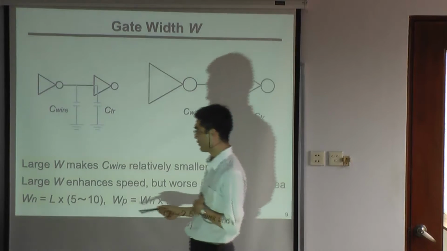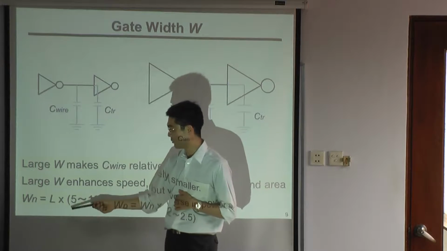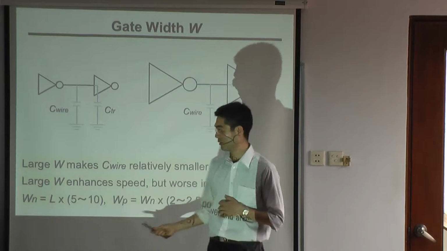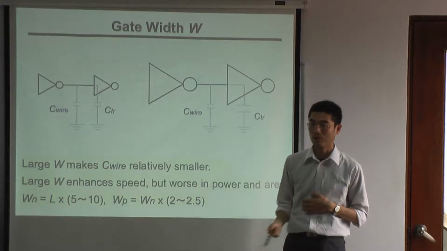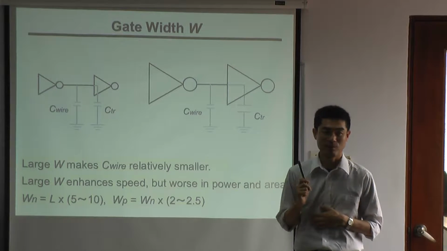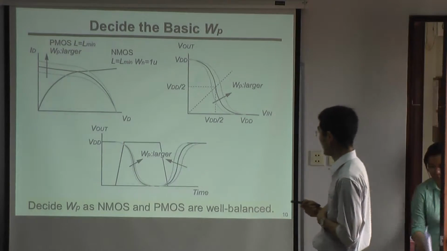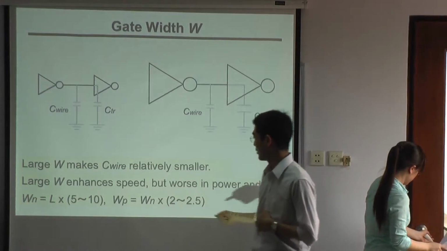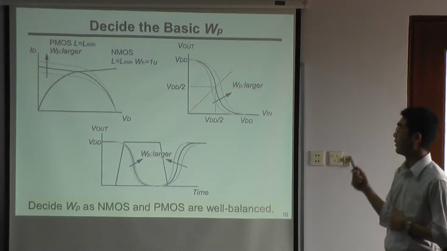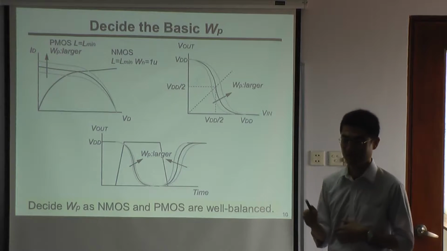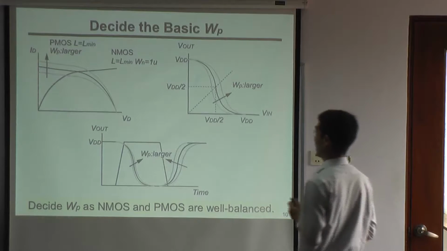And usually the standard W is L minimum times 5 to 10. And the PMOS W is 2 or 2.5 times larger than the one of NMOS. This number is a very rough estimation. So this WP decision is very important.